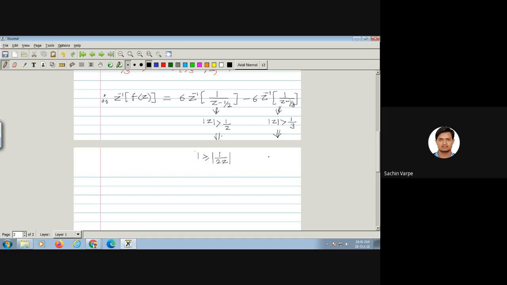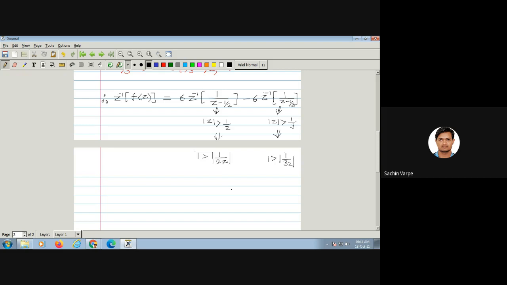And from this, 1 is greater than, equality will not be there. 1 is greater than mod of 1 by 3z. Is this clear to everyone? How am I writing?